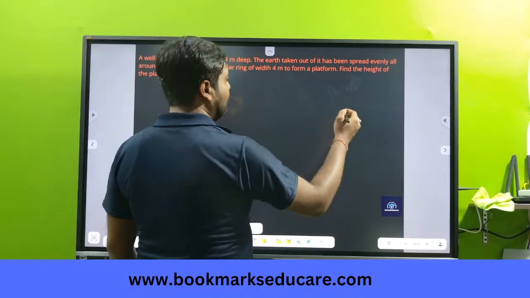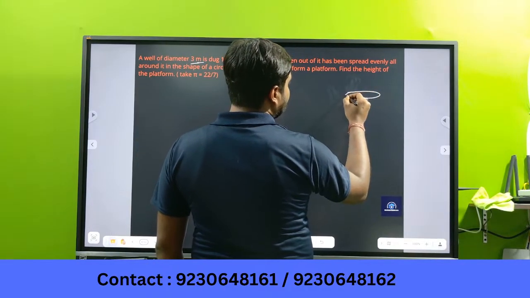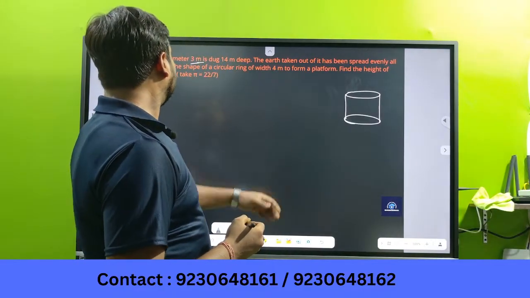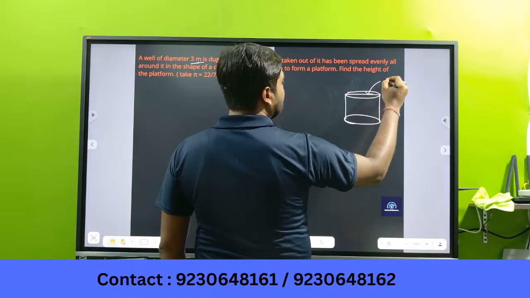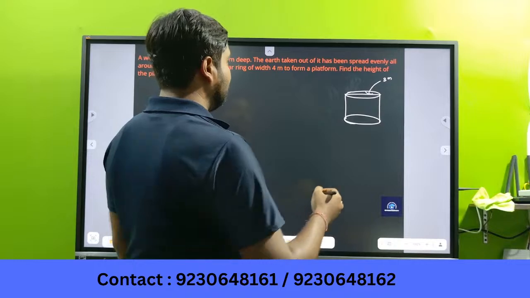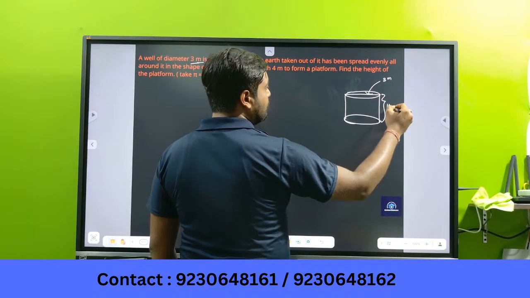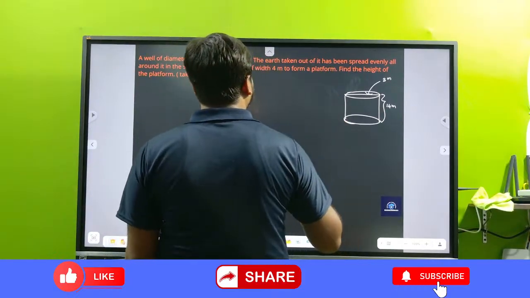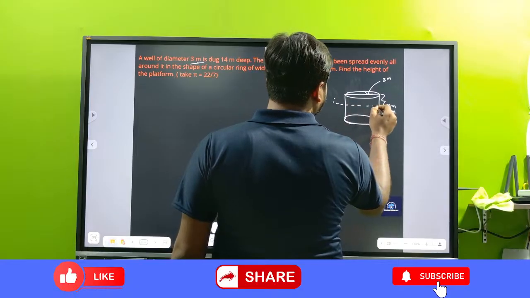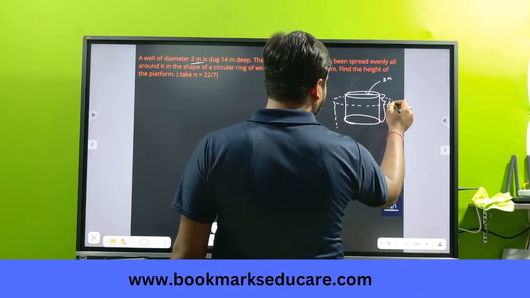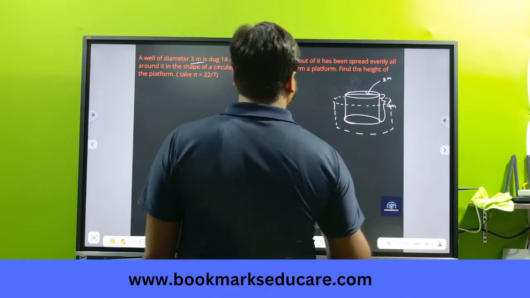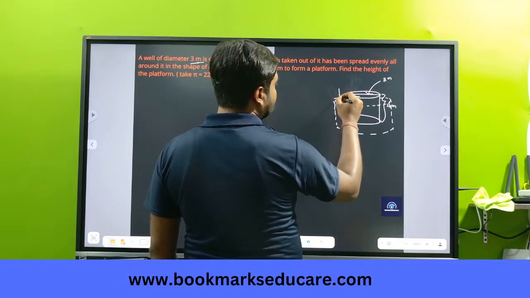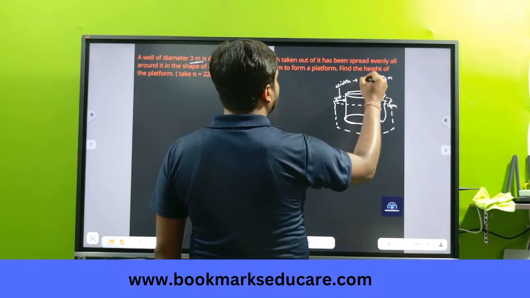So basically, here the diameter of the well is 3 meter and the depth is 14 meter, and the earth taken out is spread evenly all around it with a width, that means this is the width, and the width is 4 meter.